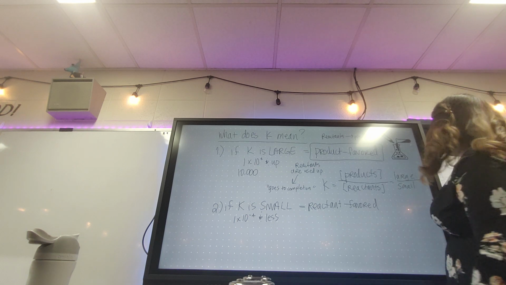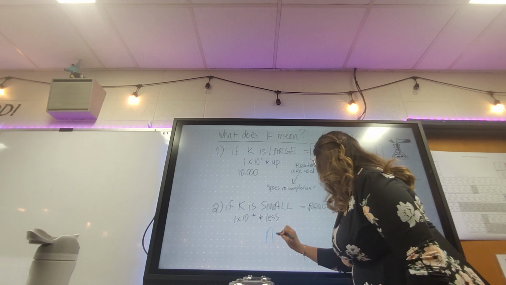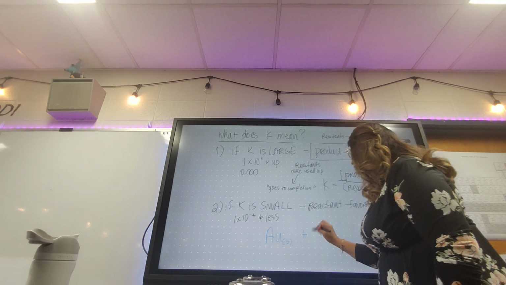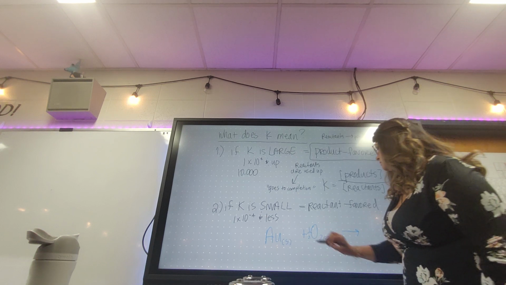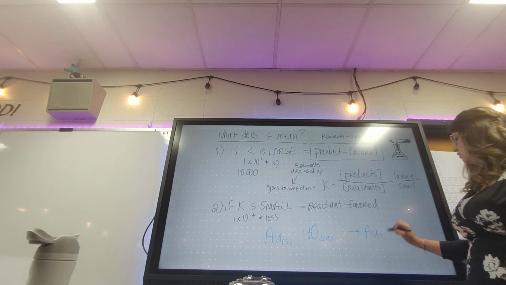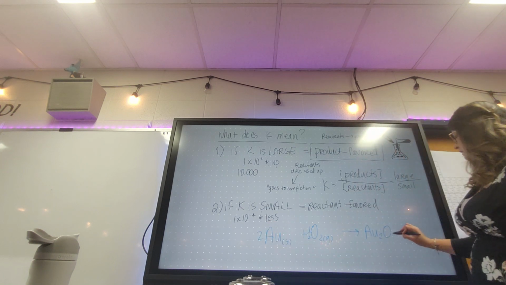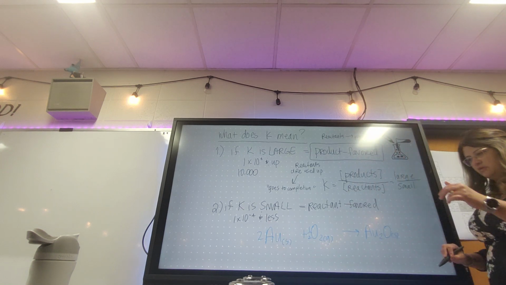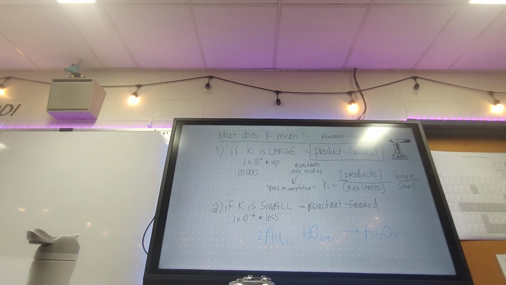An excellent example of this is gold reacting with oxygen to form gold oxide. Anytime you have a metal oxide, that's what we would think of as rust or tarnish.